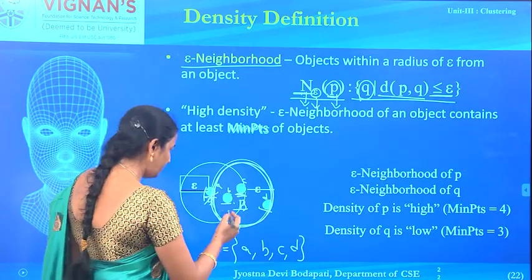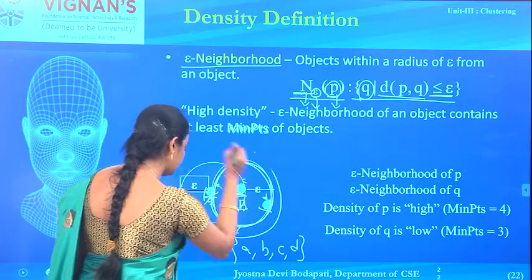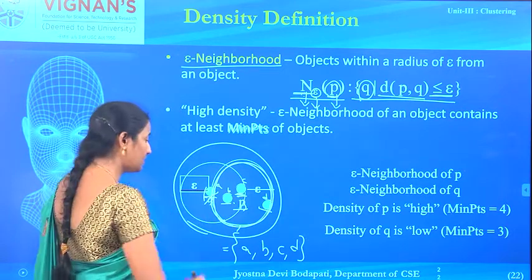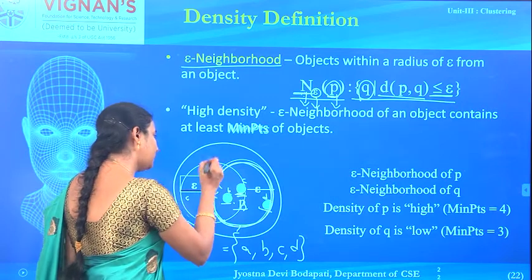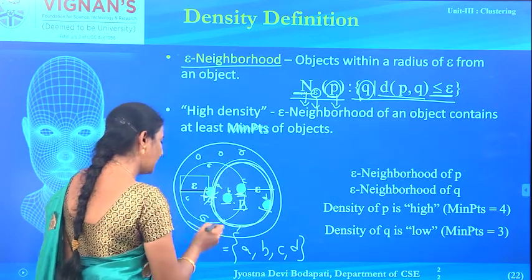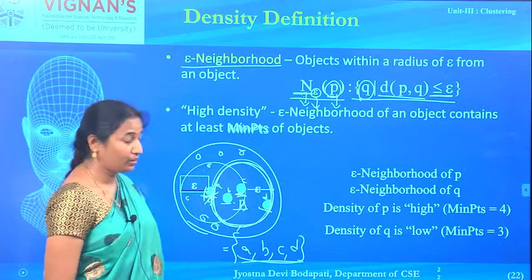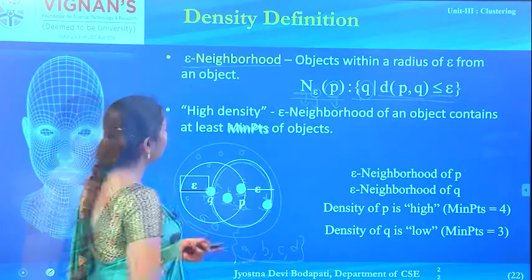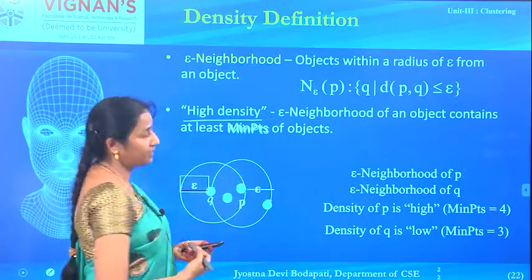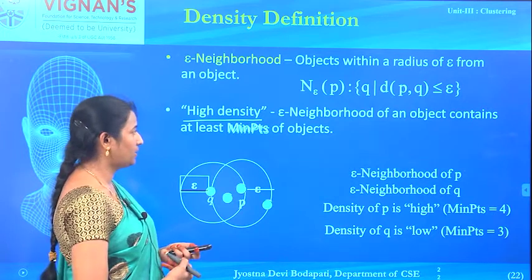Say for example, I am changing my epsilon to this. In that case, what happens? This element and all the elements that are in this radius form the nearest neighborhoods for the point P.